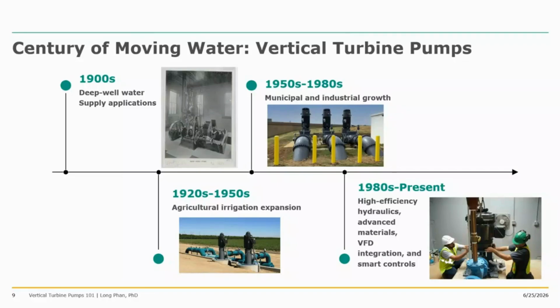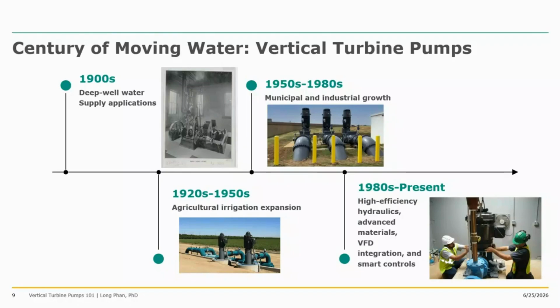The modern design has improved hydraulics, corrosion-resistant materials like stainless steel and duplex alloys, variable frequency drives for energy savings, and smart monitoring systems for predictive maintenance and greater operational flexibility. While the technology has evolved over more than 100 years, the fundamental purpose remains the same: moving a large amount of water efficiently and reliably.